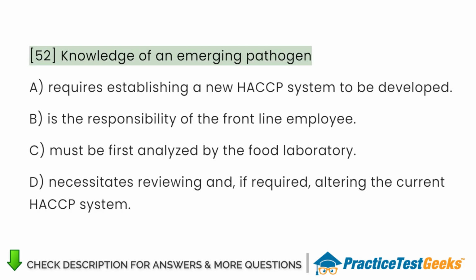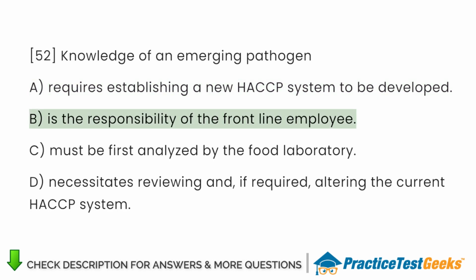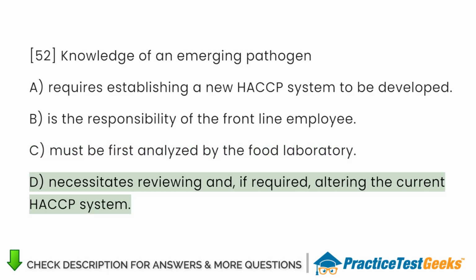Knowledge of an emerging pathogen. A. Requires establishing a new HACCP system to be developed. B. Is the responsibility of the frontline employee. C. Must be first analyzed by the food laboratory. D. Necessitates reviewing and, if required, altering the current HACCP system.